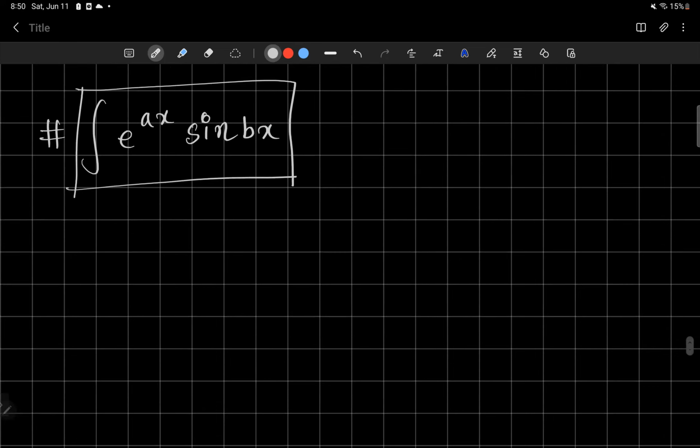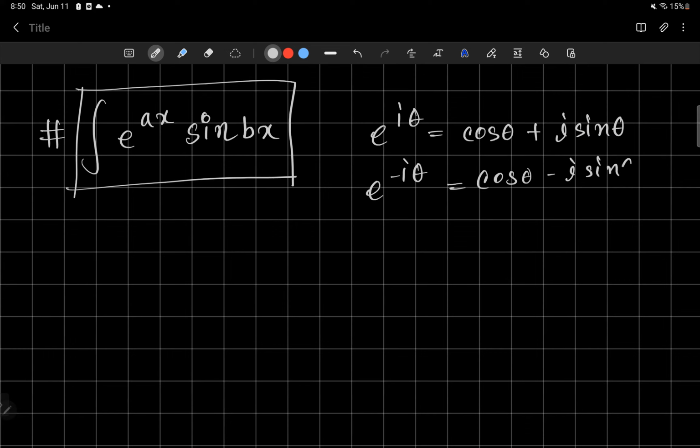Let's say you can write e to the power i theta as cosine of theta plus i sine of theta, right? And e to the power minus i theta as cosine of theta minus i sine of theta. So from there, you can conclude that sine of theta is just e to the power i theta minus e to the power minus i theta divided by 2i.